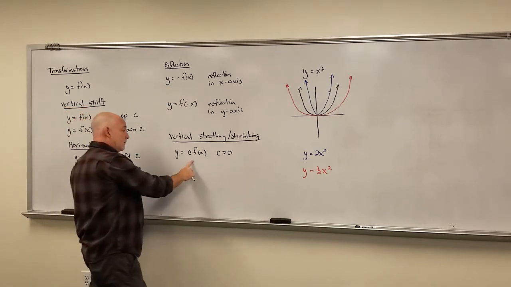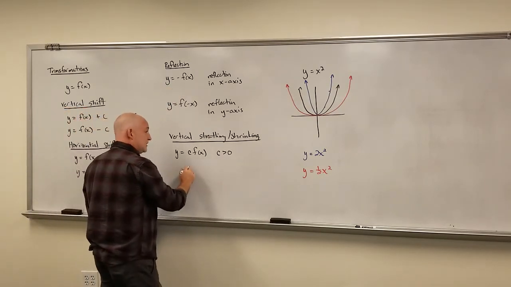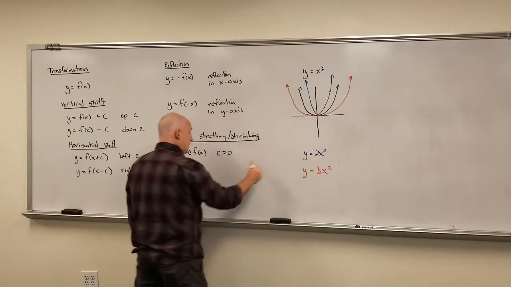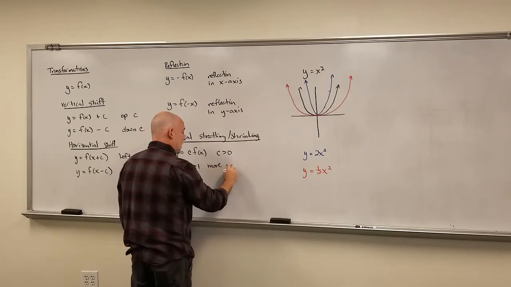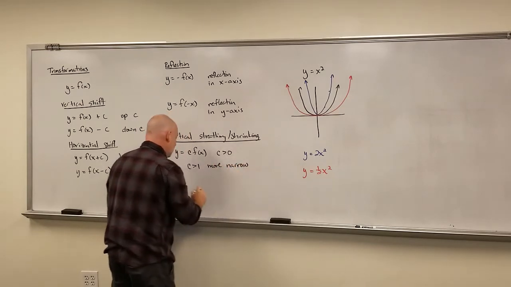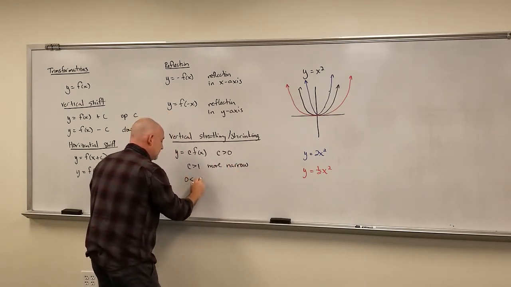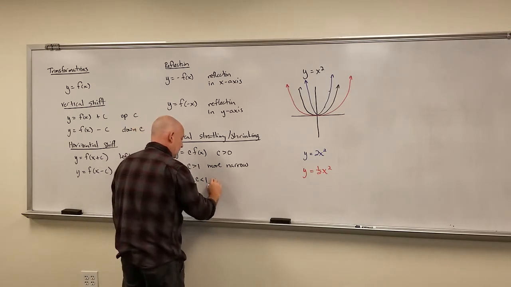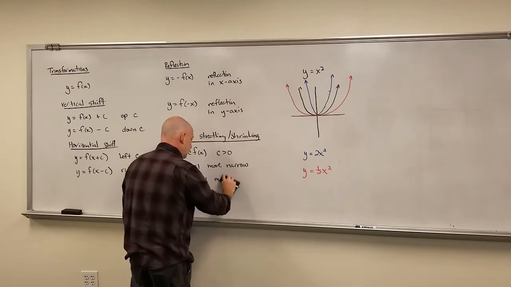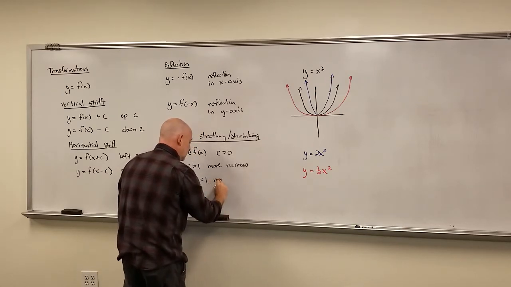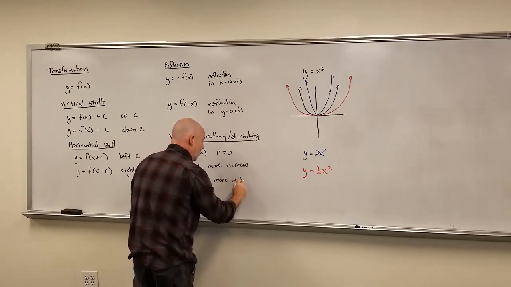But here, if c is greater than 0, then if c is bigger than 1, the graph is more narrow. And if c is a fraction, which means it falls between 0 and 1, it's more wide, or wider.